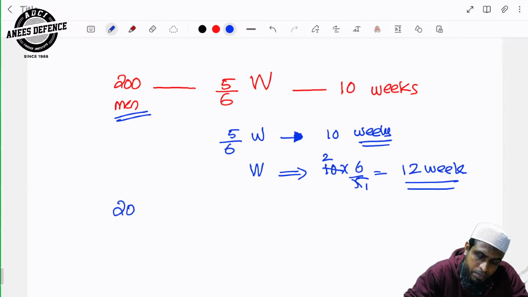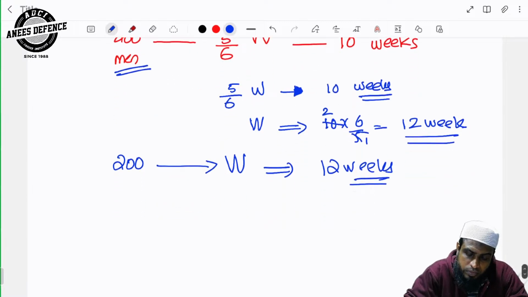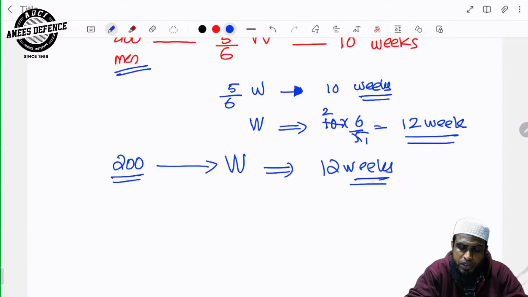So 200 men can complete the work in 12 weeks.